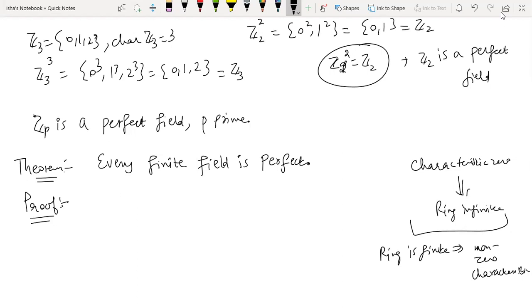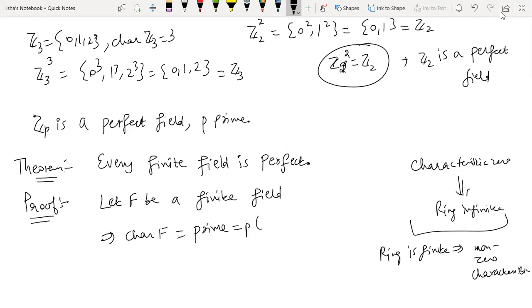So the only possibility for the characteristic of a finite field is p, because there are only two possible characteristics for a field. So let F be a finite field; it implies the characteristic of F is a prime p.